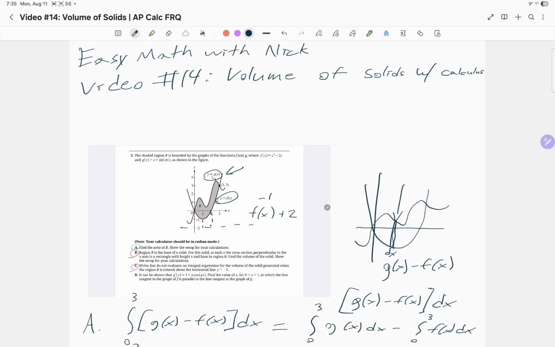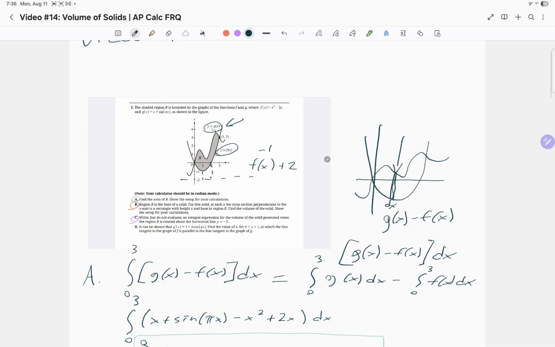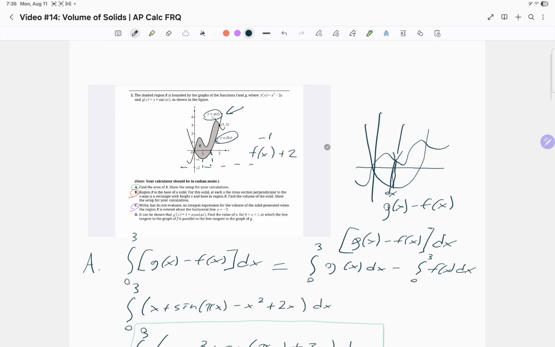That's the best way to think about this, because we're rotating it and then taking out that middle part. There's another way to think about this as well, but I think this is the easiest to comprehend. So we're rotating g of x around the horizontal line y equals -2, not the x-axis, I might have misspoke.